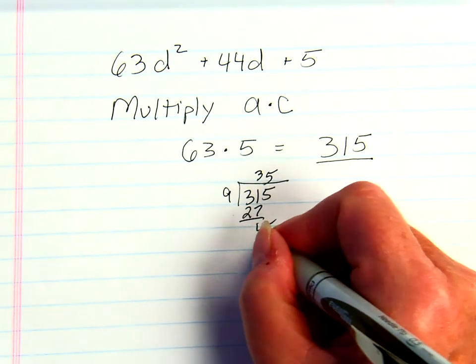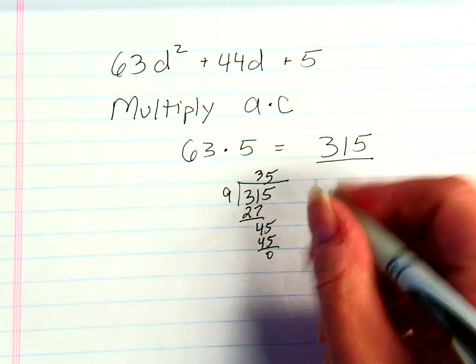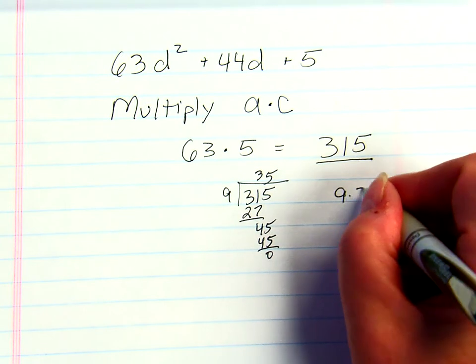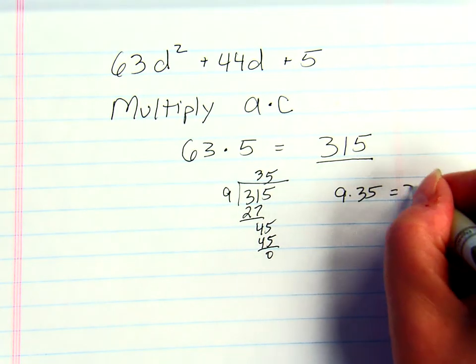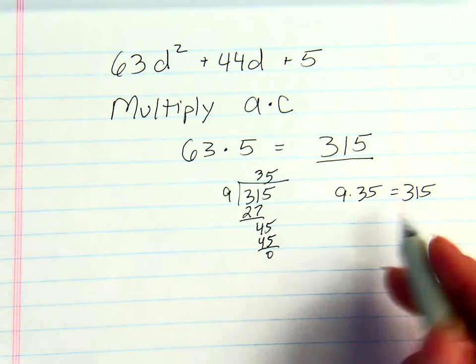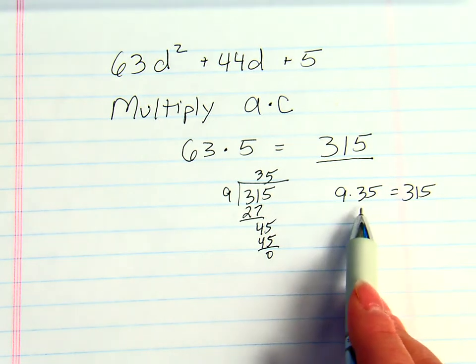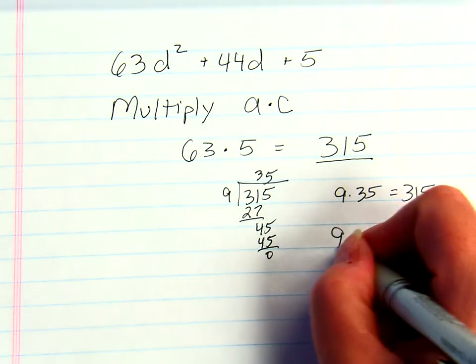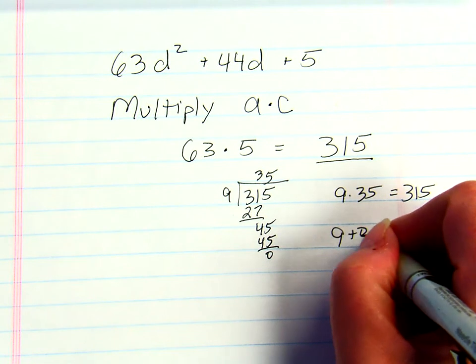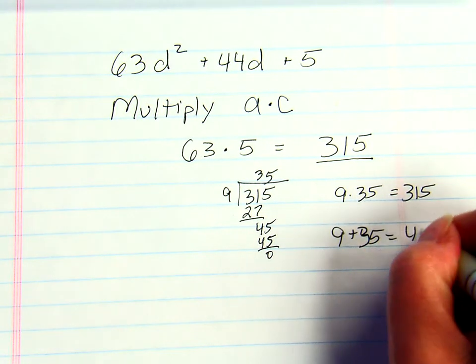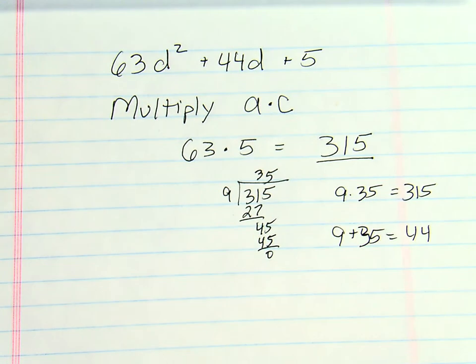We've got 45 left, so we're looking at 35. So 9 times 35 is equal to 315, and 9 plus 35 equals 44, which is what we're looking for.